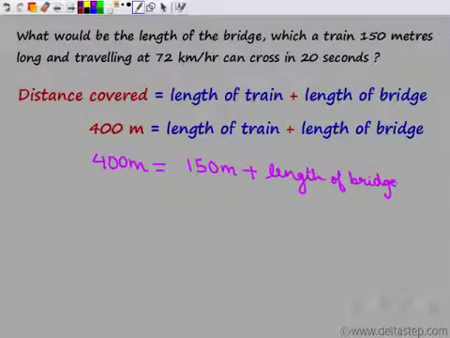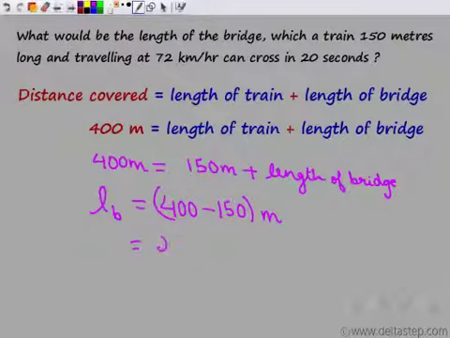So length of the bridge, let's say LB, would be equal to 400 minus 150, which is equal to 250 meters.